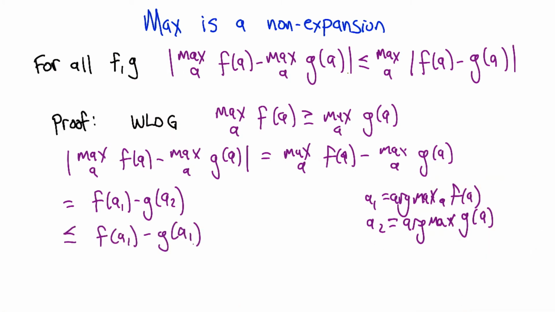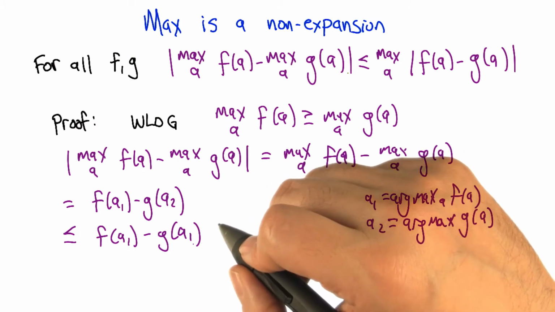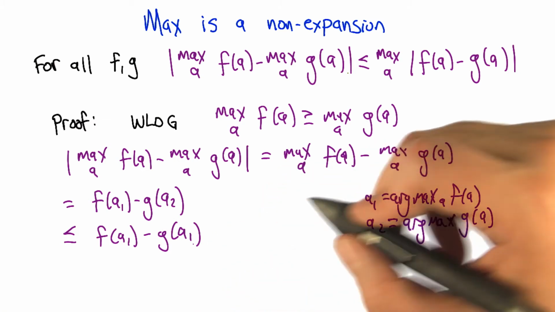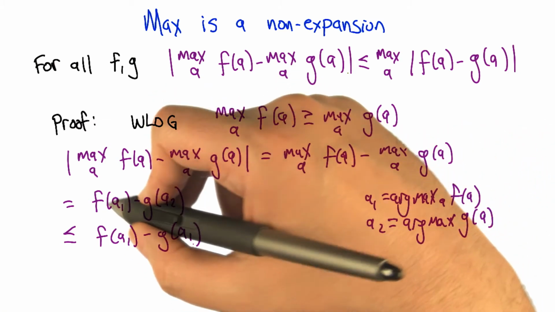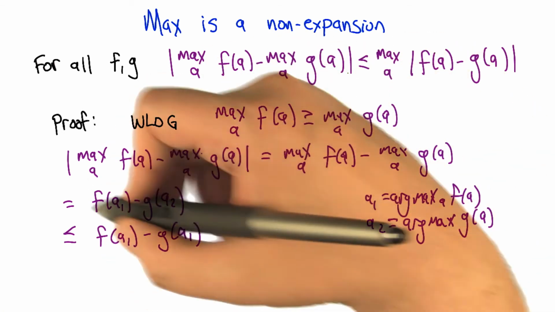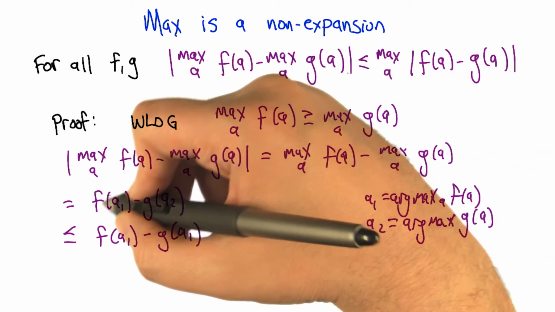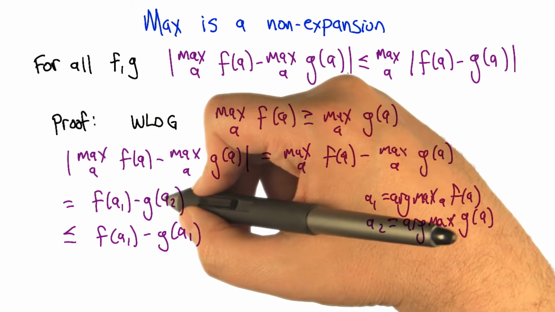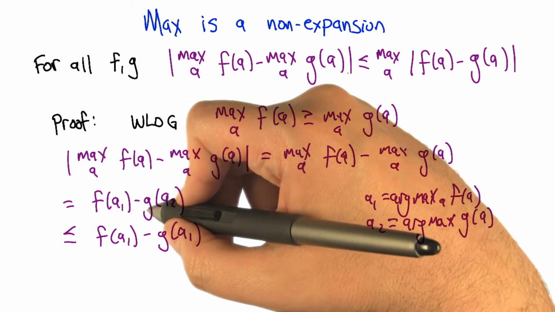Sure. All right, so if you let me get away with that, now you're in trouble, because the next step is going to follow pretty easily from this, but it's going to take us into a whole new realm. So now we said that this quantity is equal to the difference of the f function at a1 and the g function at a2.